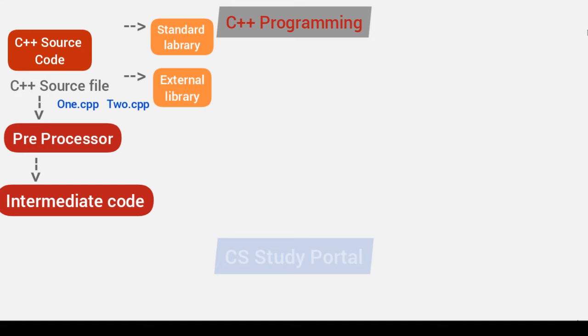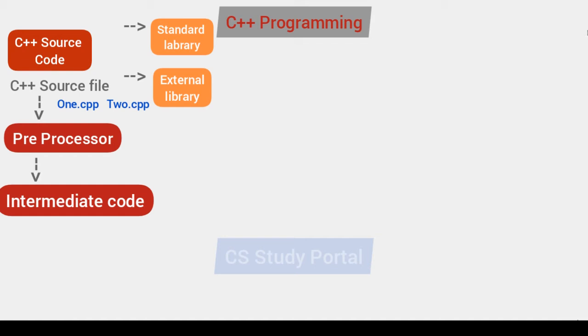The preprocessor can clean up your code. For example, if you have written a lot of new lines and spaces in the source code, it will remove them. If you have used comments, it will remove those, which you will see later in this video series. Also, I said that we can include all these features in our program by including the header file. The preprocessor will actually include the content of those header files.